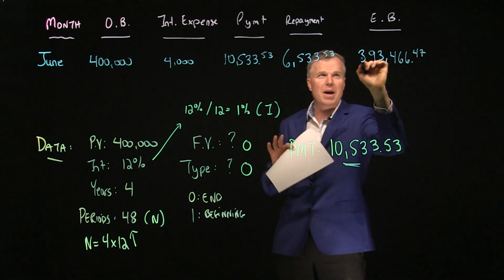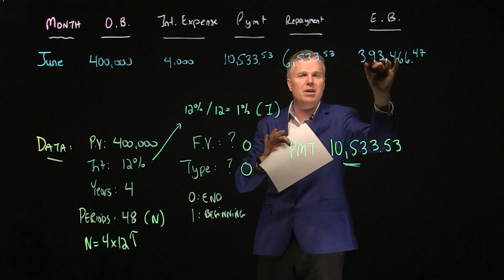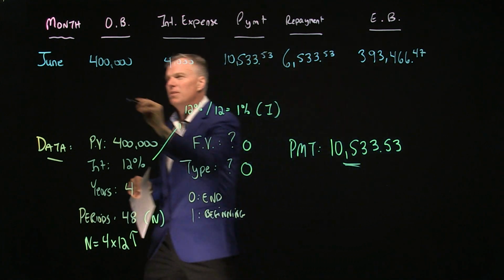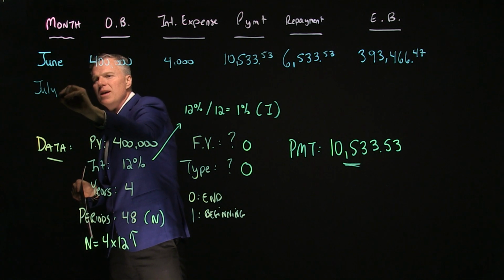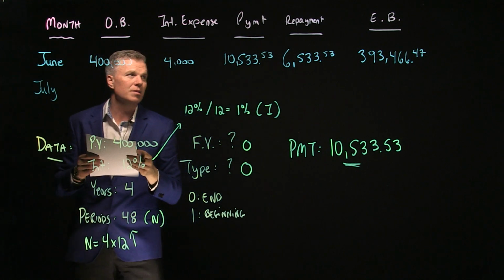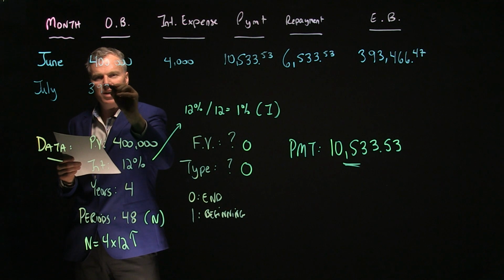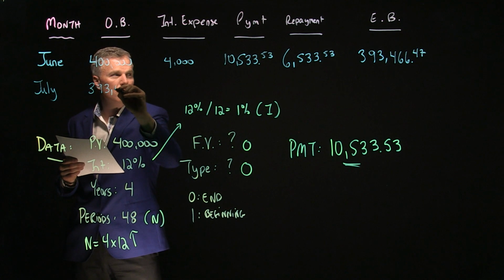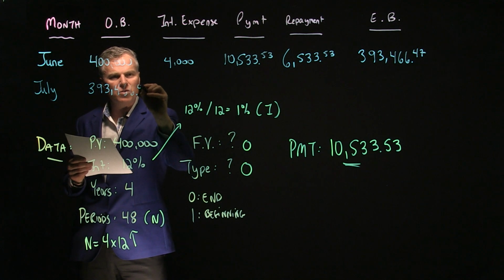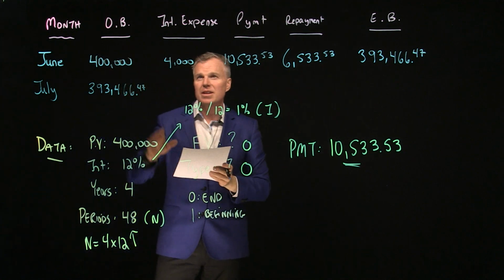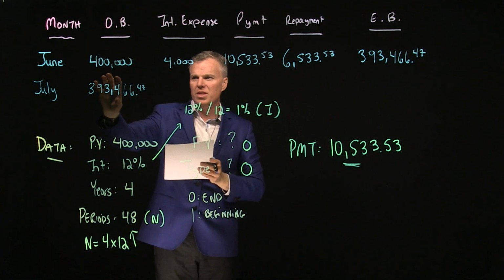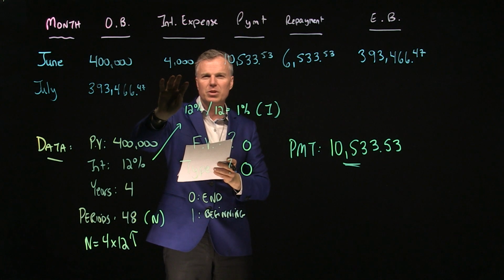Now that ending balance for the end of June becomes the starting balance for the beginning of July. So that would be $393,466.47. Now to calculate the interest expense here, it would be this amount times 1%.